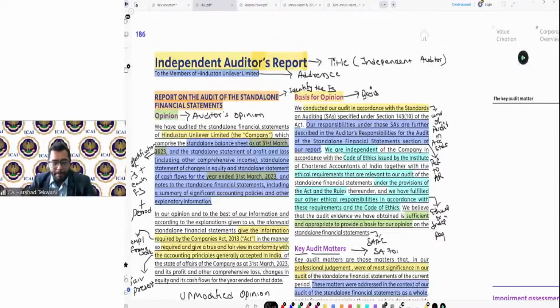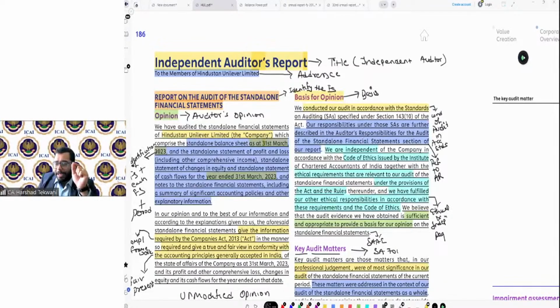When I issue a comparative financial statement, I issue an opinion on each year.